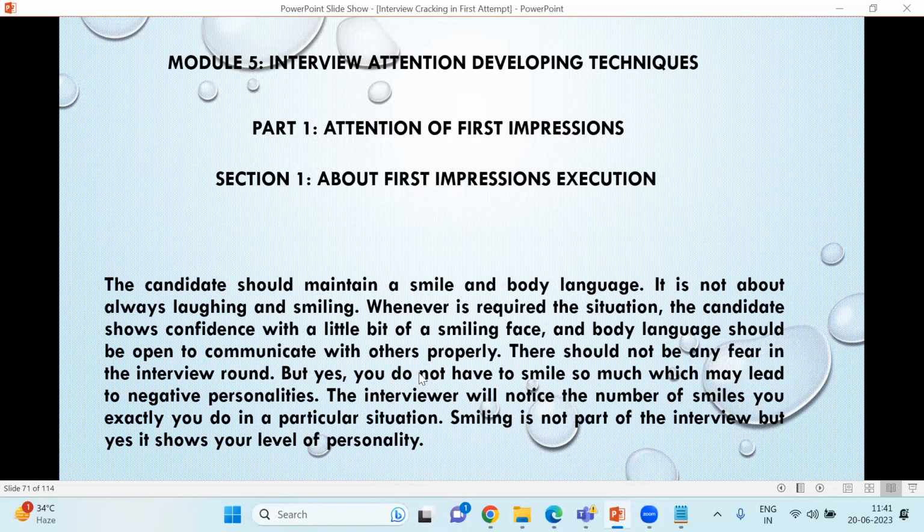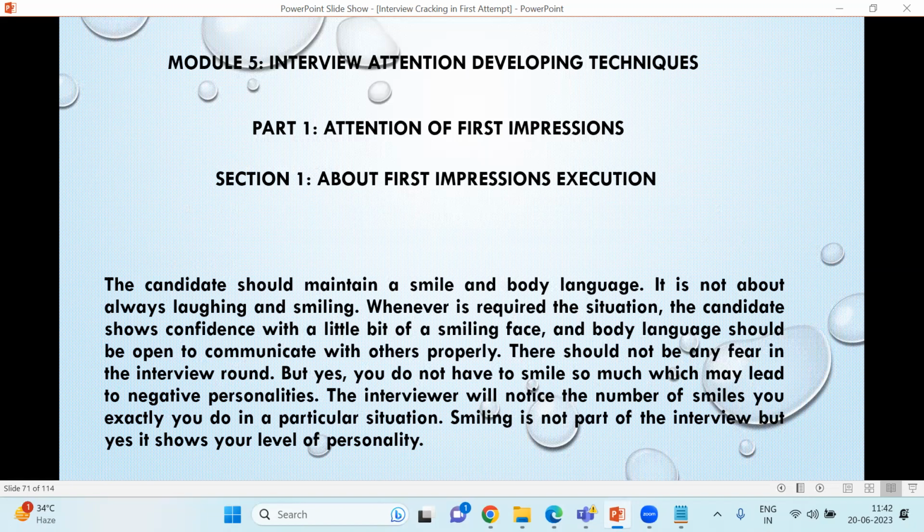So it is all about the smiling postures of the face and body movement, showing attention towards the interview. The candidate should be very careful to be confident during the interview, and there should not be any confusion about the topic or subject when answering questions in front of the interview panel.